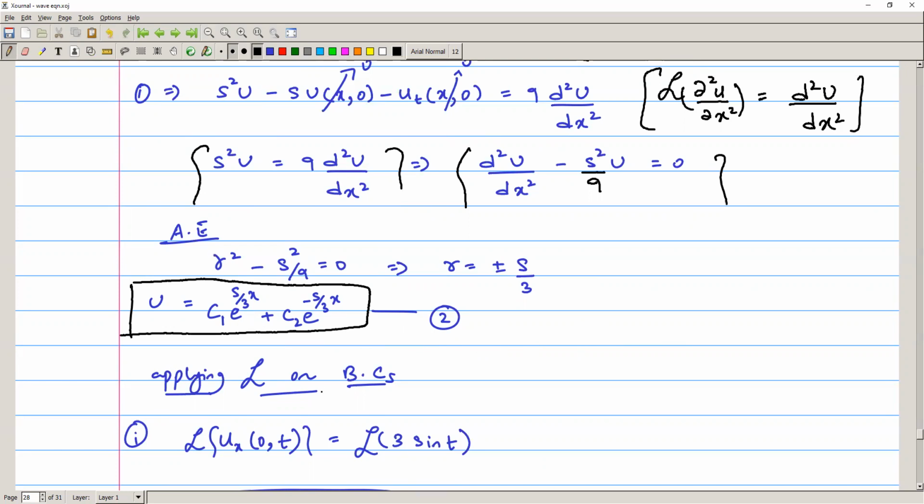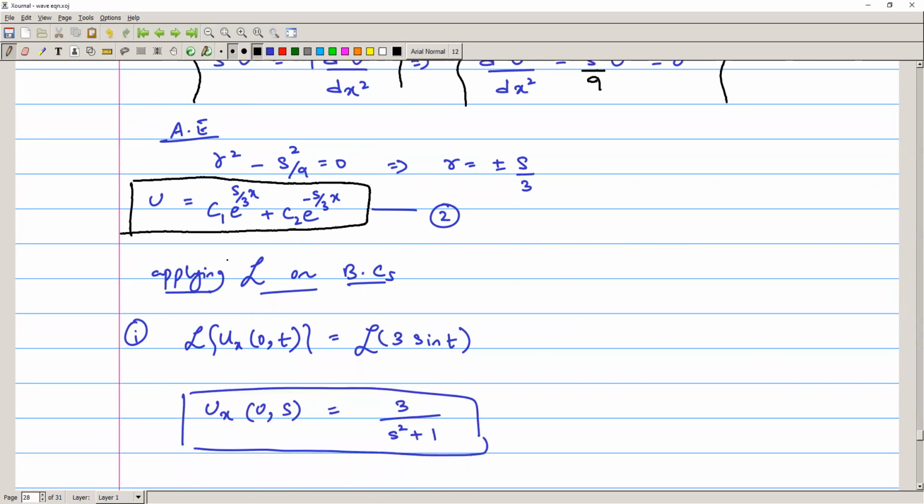Now, before applying to equation 2, we need to apply the Laplace transform on the boundary conditions, because this equation is in the transform domain and we have U(x,s). Therefore, we need to find U_x(0,s).